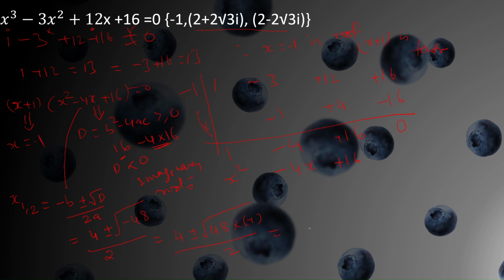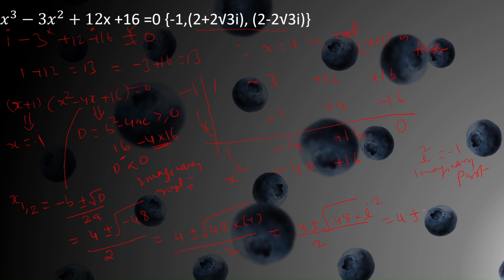So it will give 4 plus minus, this can be written as 48 into minus 1, 4 plus minus root of 48, this minus 1 can be replaced by iota square. Iota square is equal to minus 1. This is the imaginary part. So now we can take it out from the root.